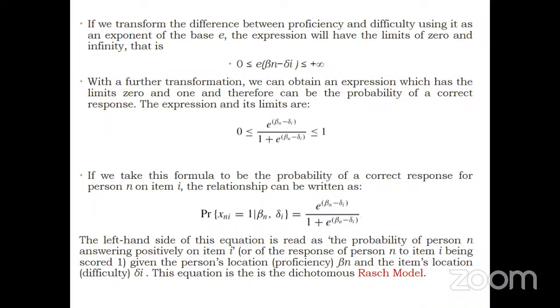The expression and its limits are: e to the power beta n minus delta i, divided by 1 plus e to the power beta n minus delta i. It ranges from 0 to 1.